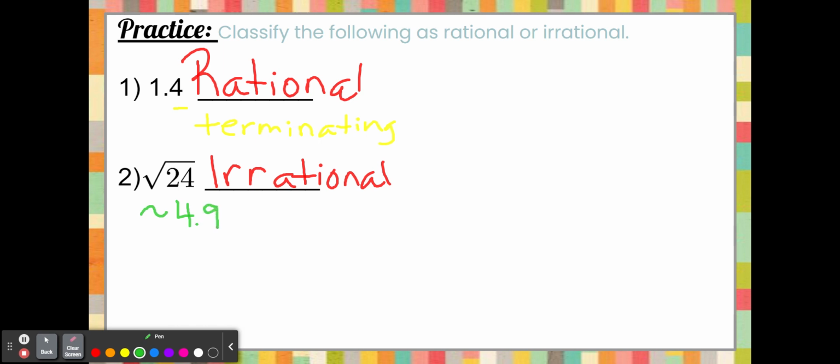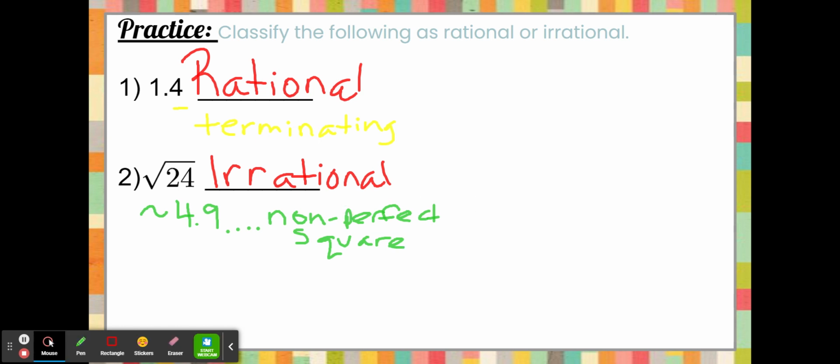So a whole bunch of decimals will be after that. So that's how I know it's not a perfect square. So that's called a non-perfect square. And again, a non-perfect square is any time you get a non-whole number when you take the square root of that value.